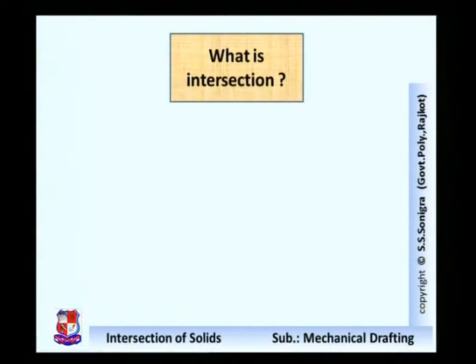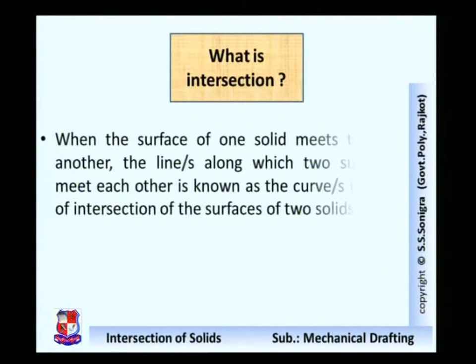Now, what do you mean by intersection, or what is intersection? When the surface of one solid meets that of another, the line or lines along which two surfaces meet each other is known as the curve or line of intersection of the surfaces of two solids.